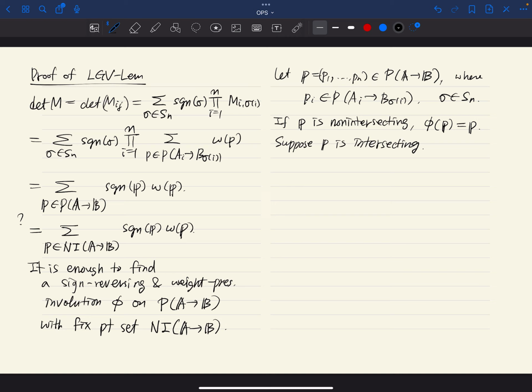What does an intersecting n-path mean? That means there is a pair of paths in the n-path that are intersecting. There could be several of them, but we can just find one of them. So find the lexicographically smallest.